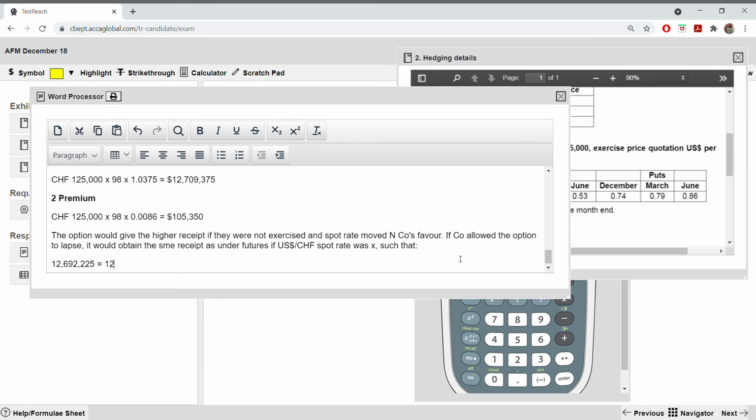Now, under this one, 250, because we are taking 250 in the future, minus the premium. See, irrespective of whether you exercise or not, premium you have to deduct. That's why we are deducting premium from here.